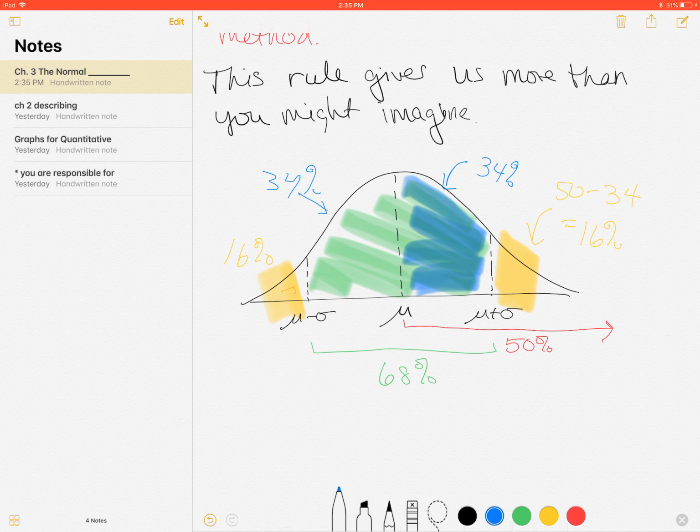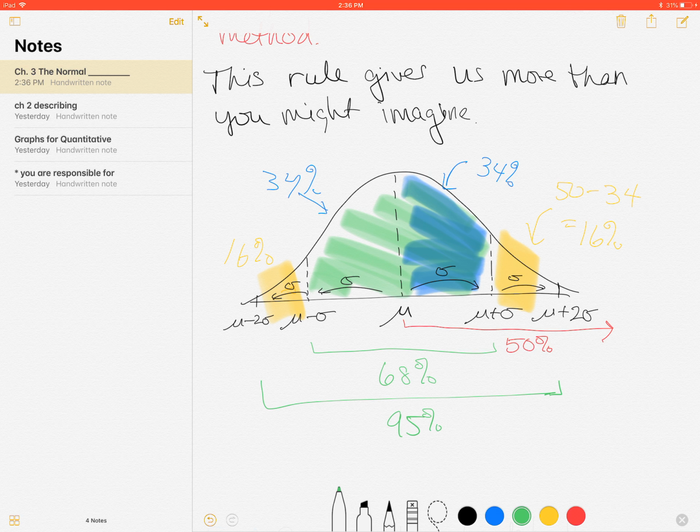Now, if I were to add mu plus another sigma, so we jumped up 1 sigma, we're going to jump up another sigma. Let's do mu minus 2 sigmas as well. I know the total area is about 95%.